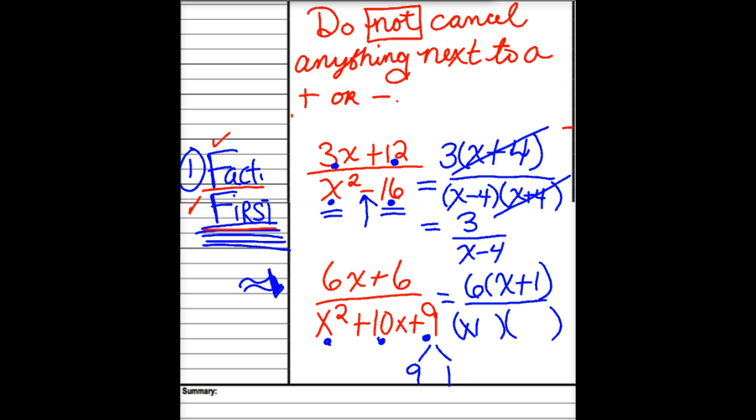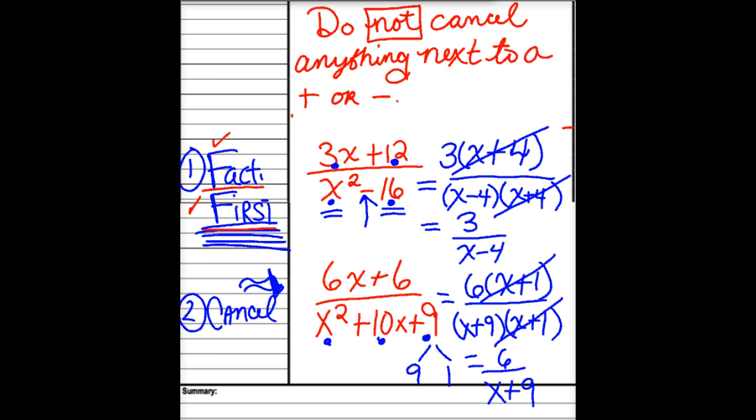So I have x plus 9, and then I have x plus 1. Now I get to cancel. So I factor first, and then number 2, I cancel any common factors. So x plus 1 was living on the top, x plus 1 was hiding on the bottom, and I get 6 over x plus 9.